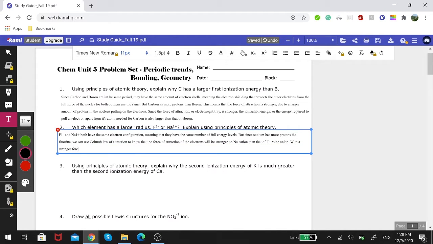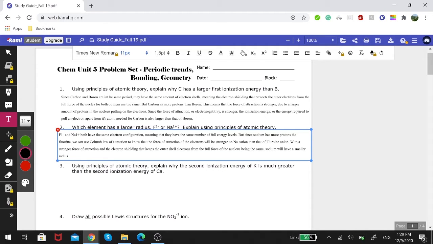With a stronger force of attraction, and the electron shielding that keeps the outer shell electrons from the full force of the nucleus being the same, sodium will have a smaller radius, and therefore the element with a larger atomic radius would be fluorine.